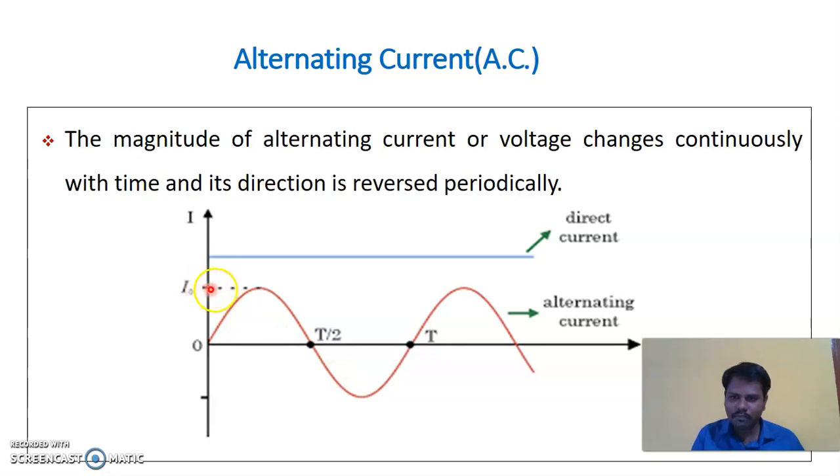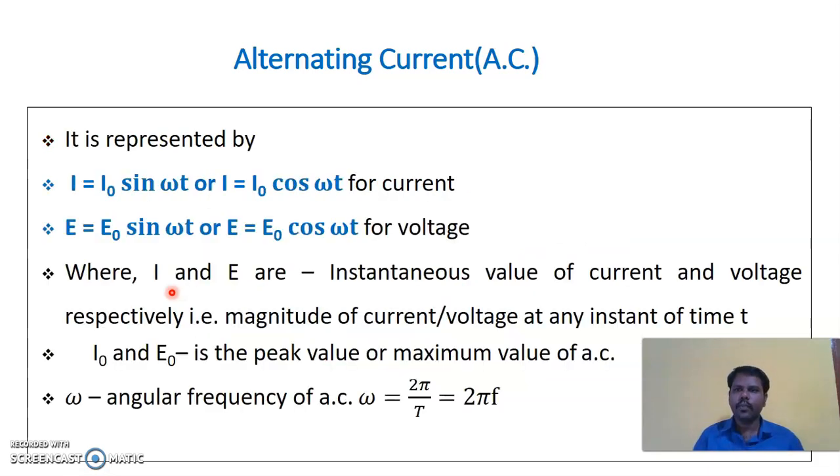The maximum current is represented by I naught. The basic definition of alternating current is the same even for voltage. They are represented by I is equal to I naught sine omega t, or I is equal to I naught cos omega t for current.